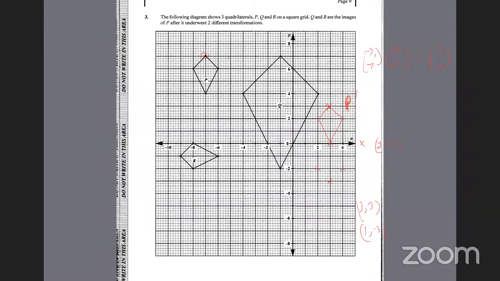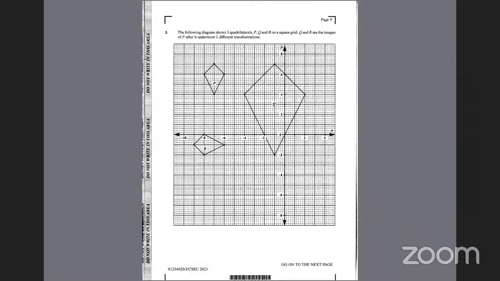And this point stays the same. So the diagram underneath is your P double prime. So that is your second part there. First and second part both together. Remember you all know how to write this, you just look back at the video.